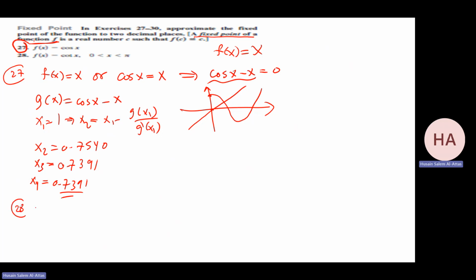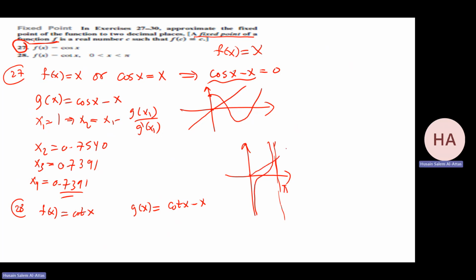28, the function is cotan x. So the fixed point, my function g, will be cotan minus x, which if I do the graph just to be sure, this is after the pi, do something like this, and this is y equal x, to find the intersection between these two.